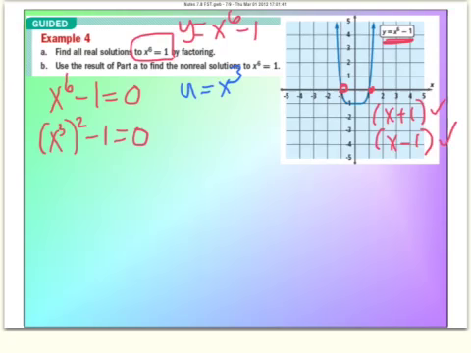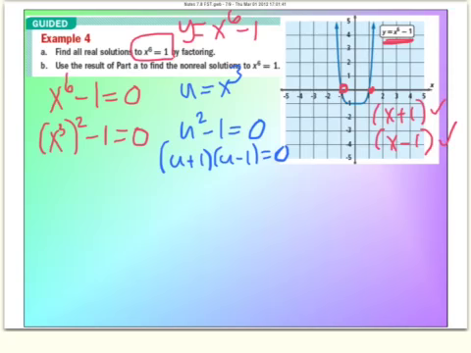You'd have u squared minus 1 equals 0. Well, u squared minus 1 is just u plus 1 and u minus 1. Okay. Well, because we said u was x cubed, what you could do is just write an x cubed plus 1 and an x cubed minus 1 equals 0.